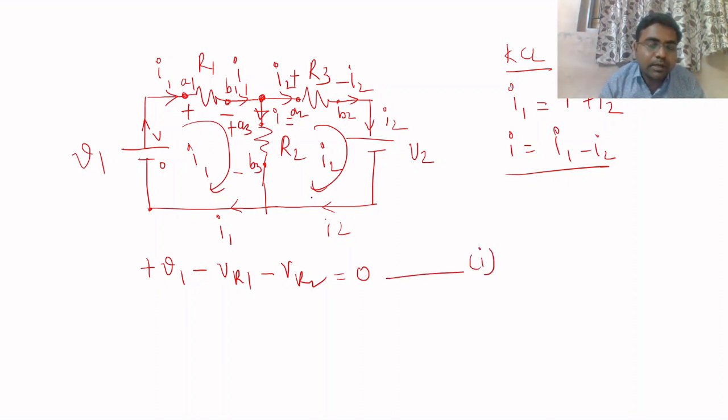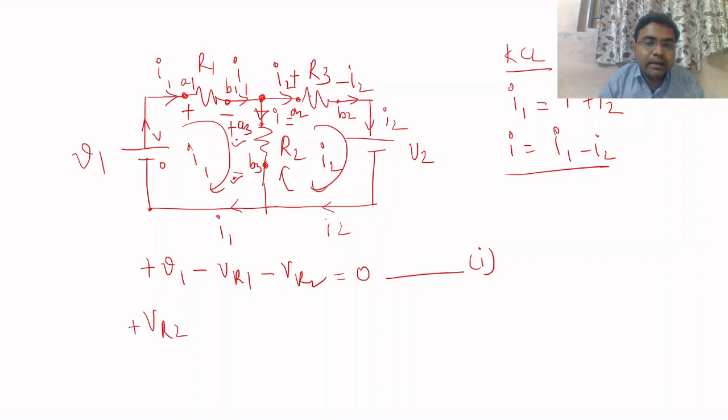In the second loop, if I am trying to apply, I am moving in this direction. Firstly I am on point B3 and then I will move to point A3. Now at B3 the potential is negative and at A3 the potential is positive, so my net potential increases. So this is my plus VR2.